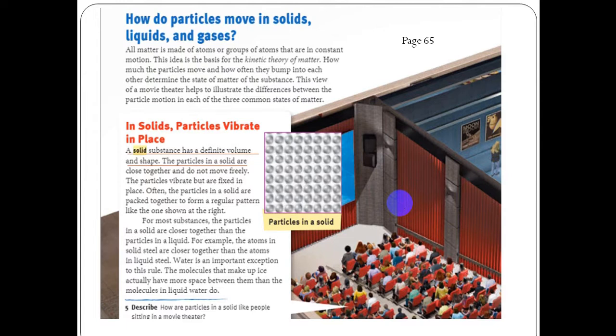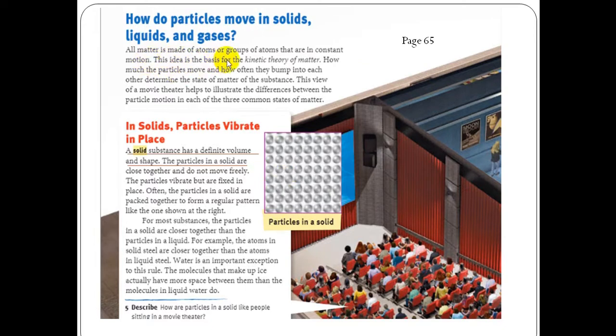How do particles move in solids, liquids and gases? We have 3 states of matter, maybe we took them from grade 1: solid, liquid and gas. If you remember, we said that all matter is made of atoms or groups of atoms, and these atoms are always moving, or in constant motion.